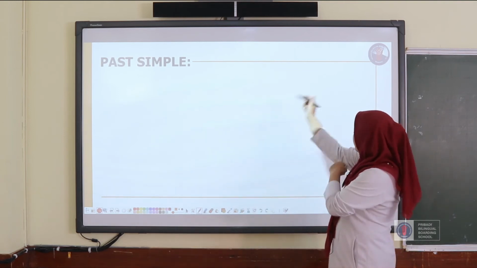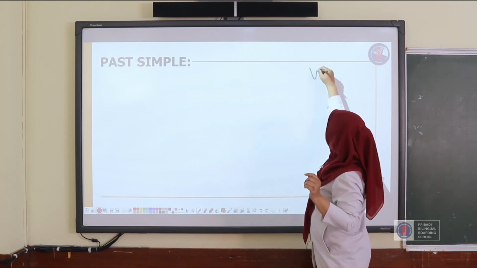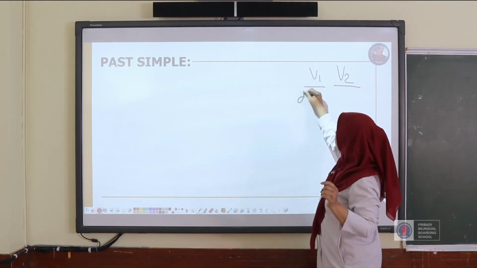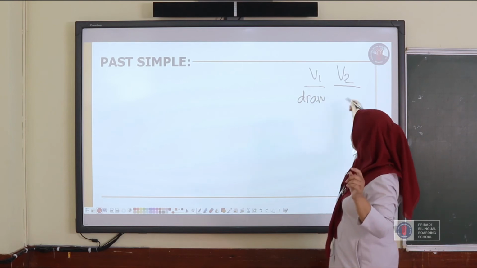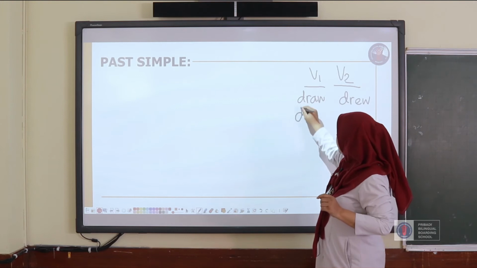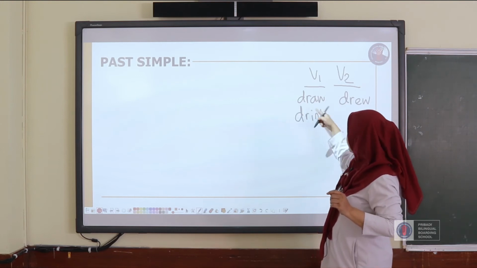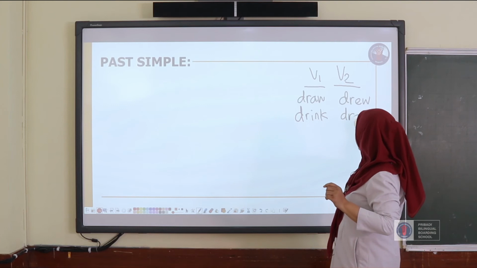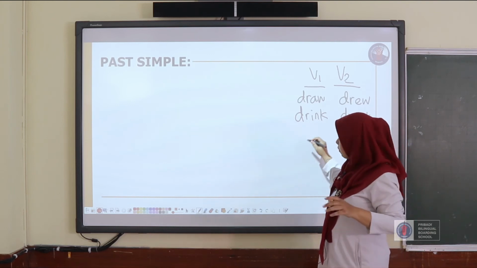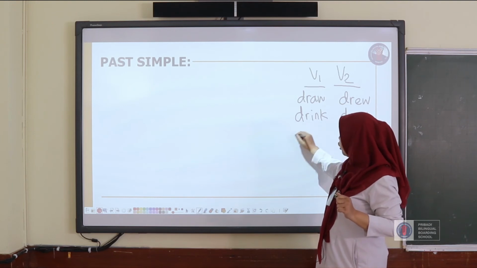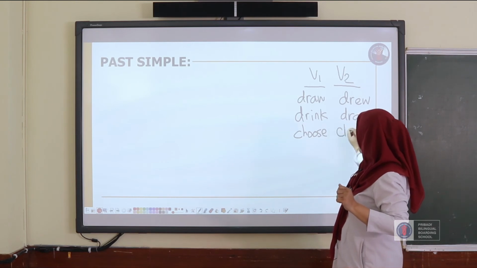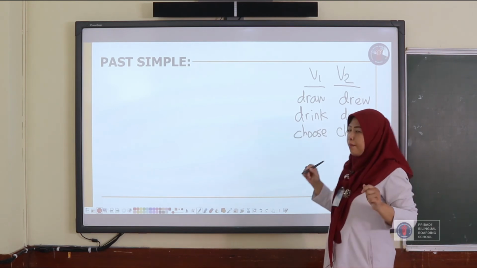So I'm going to write down here again: draw for the present, drew for the past; drink for the present, drank for the past; and choose for the present, and chose for the past.